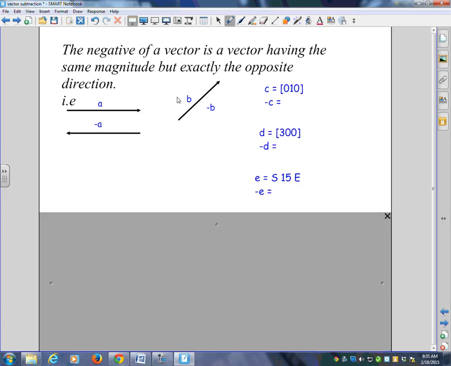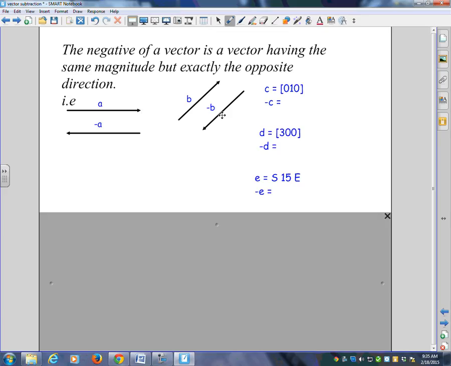If B is up and to the right, minus B is going to be down to the left. Visual examples. I think you'll all get that. Would you all agree that's pretty easy? Okay, let's take it to the next step.